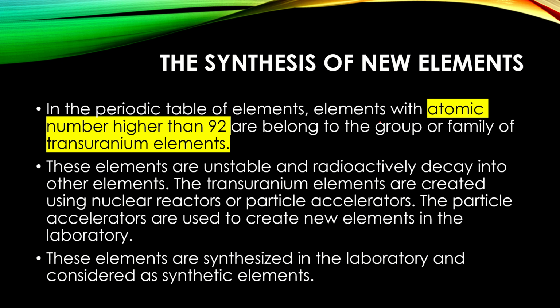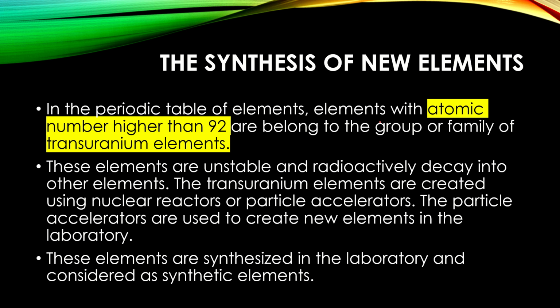In the periodic table of elements, elements with atomic number higher than 92 belong to the group or family of transuranium elements. Again, 92 and beyond belong to the transuranium elements. These elements are unstable and radioactively decay into other elements.